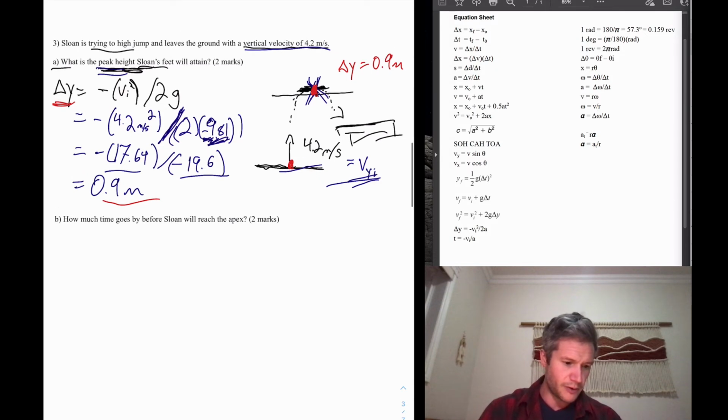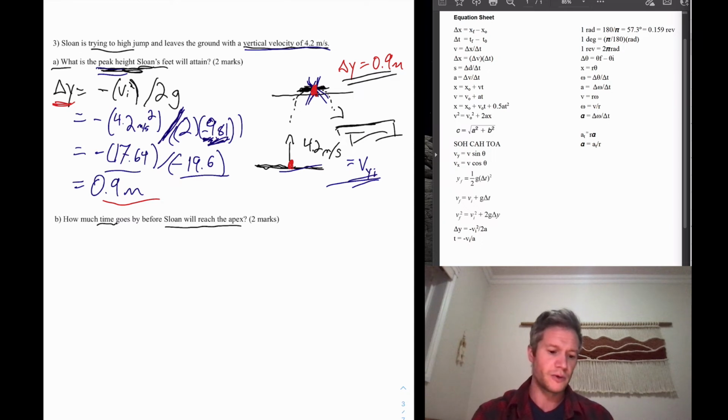Now we're being asked how much time goes by before Sloan reaches the apex. There are a few ways we can do this, but let's make an assumption for simplicity's sake that we didn't solve for that yet. Or maybe in a test or exam situation you're feeling unsure about that.